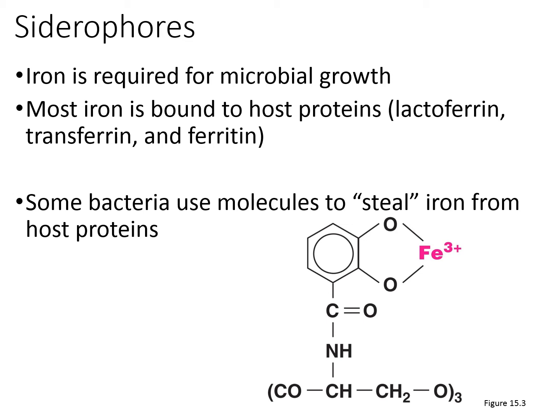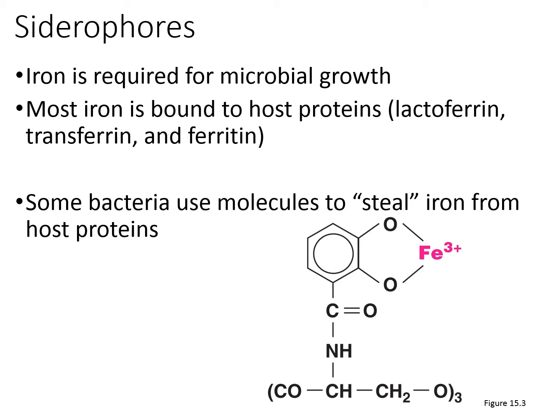Now, here's the thing. Most iron is already bound to some sort of protein when we consider a host. In mammalian cells, for example, you have these iron transporting proteins like transferrin, lactoferrin, and ferritin. Transferrin serves a protective function in the human body.